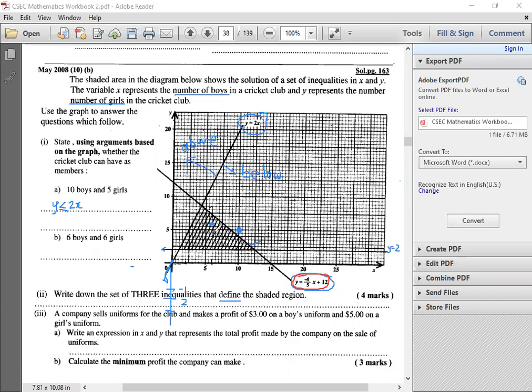Is it above the line that is shaded or below the line? Below. So this side would be above. This side would be above. And this side would be below.